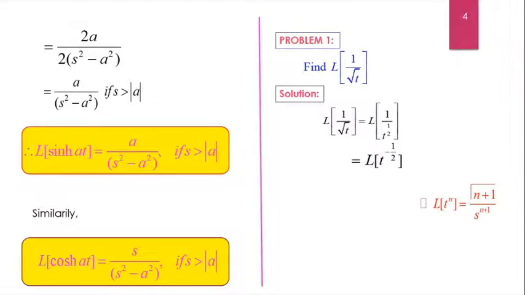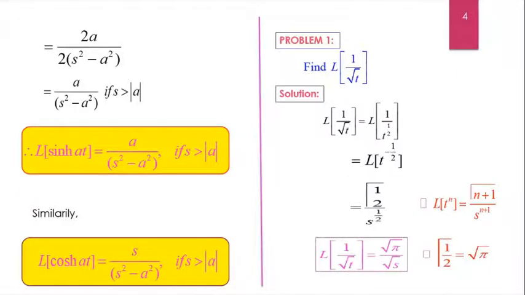So in place of n, when we substitute minus 1 by 2, we get gamma of 1 by 2 divided by s to the power of 1 by 2. Since we know gamma of 1 by 2 is equal to root pi, we get our solution: Laplace of 1 by root t is equal to root pi divided by root s.